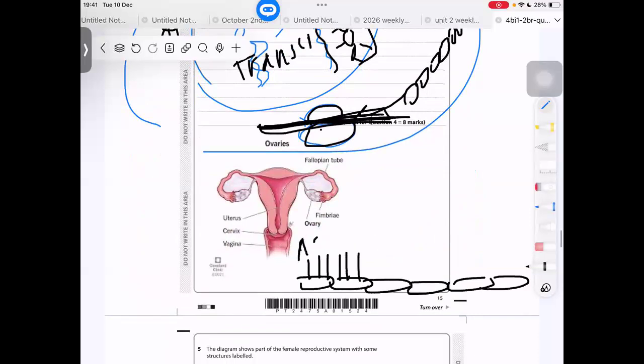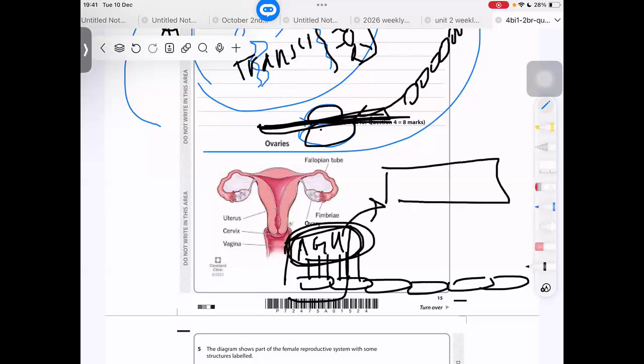Let's say AGU, adenine, guanine, and uracil, right? This AGU is one triplet. Why? There are three nucleotides. So this one triplet is called a codon. Why is that? Because it codes for a particular amino acid, right? Usually AUG is the starting codon of any protein synthesis process. So AUG codes for the amino acid methionine, which you don't need to know, right?